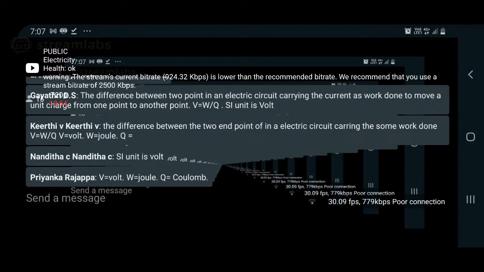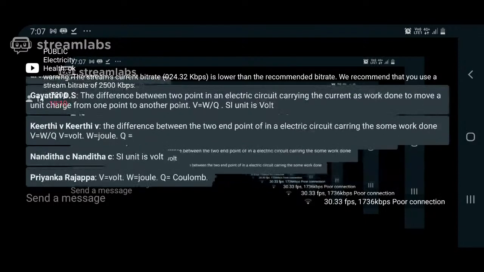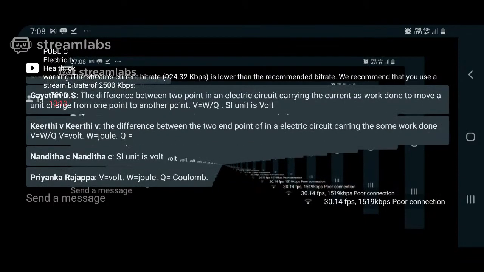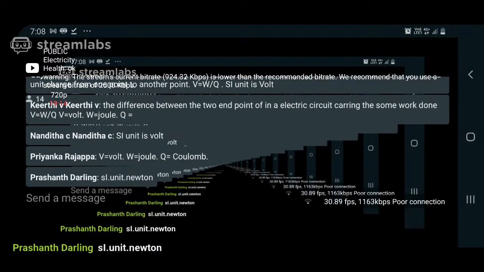And its SI unit. And later I'll commence the session. Try to answer this question fast. Let me move on to the continuation of the study class.